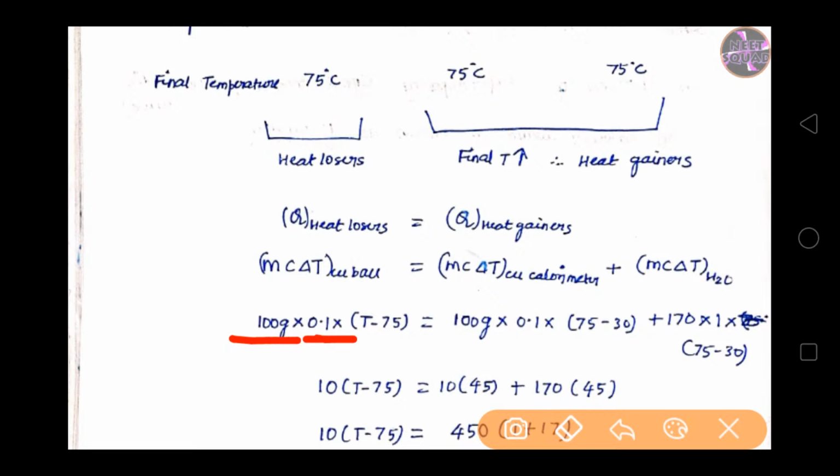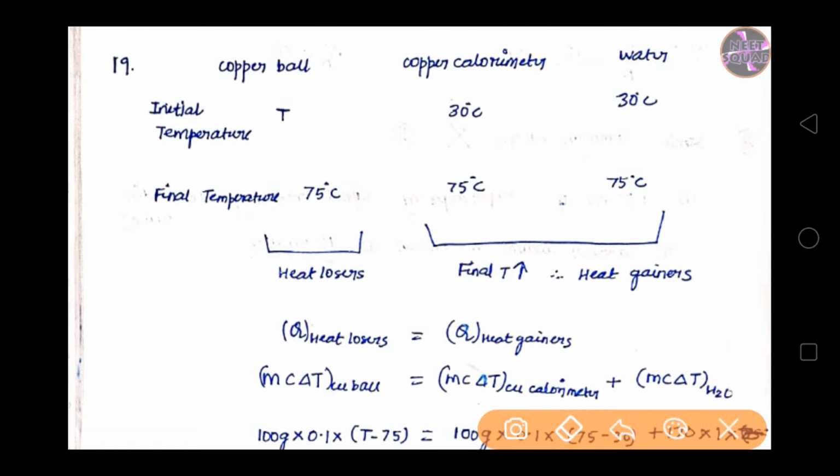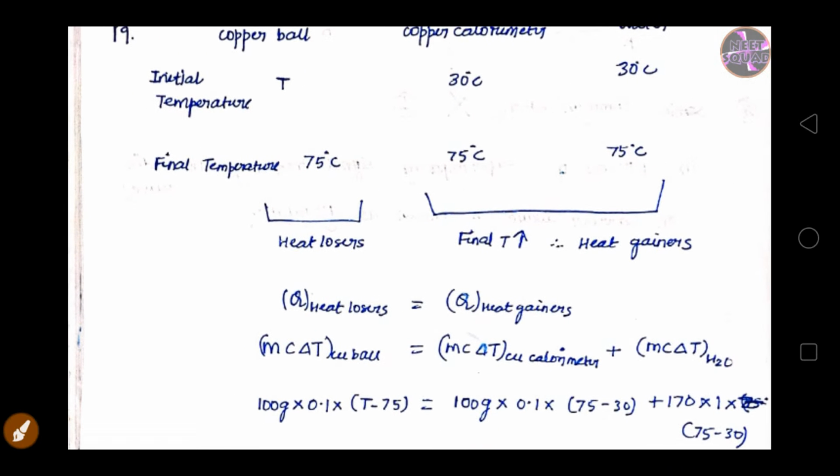Specific heat 0.1, and change in temperature T minus 75, because we know that T is greater than 75 degree Celsius. So 100 into 0.1 into (T minus 75) is equal to mass of copper calorimeter into 0.1, for a material of copper, c is 0.1, into (75 minus 30), the temperature difference. Then for water, mass is given in the question as 170 gram.